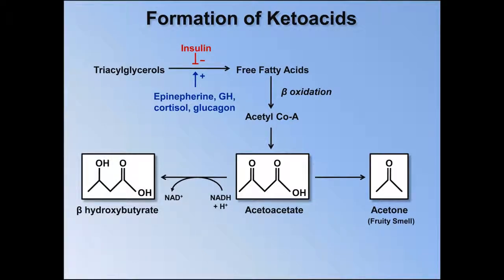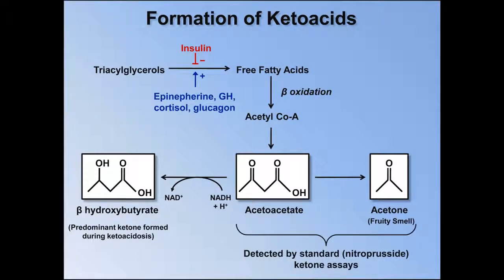Beta-hydroxybutyrate is the predominant ketone formed during states of ketoacidosis, particularly in alcoholic ketoacidosis, on account of an unusually high NADH to NAD ratio. Unfortunately, the standard nitroprusside assay, which is used by most labs to detect the presence of ketone bodies, only detects acetoacetate and acetone, which explains why there is a relatively high false negative rate with urine and serum tests for ketones.